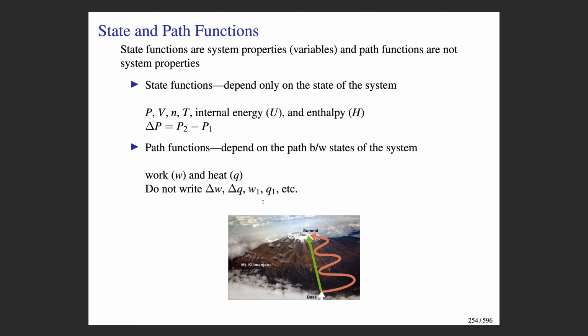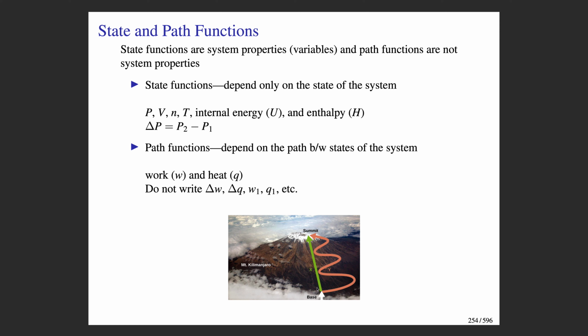To give you an analogy about the difference between state functions and path functions, we have this picture here. You can think of the potential energy of an object as being a state function. Whatever height you are above the Earth's surface determines your potential energy.